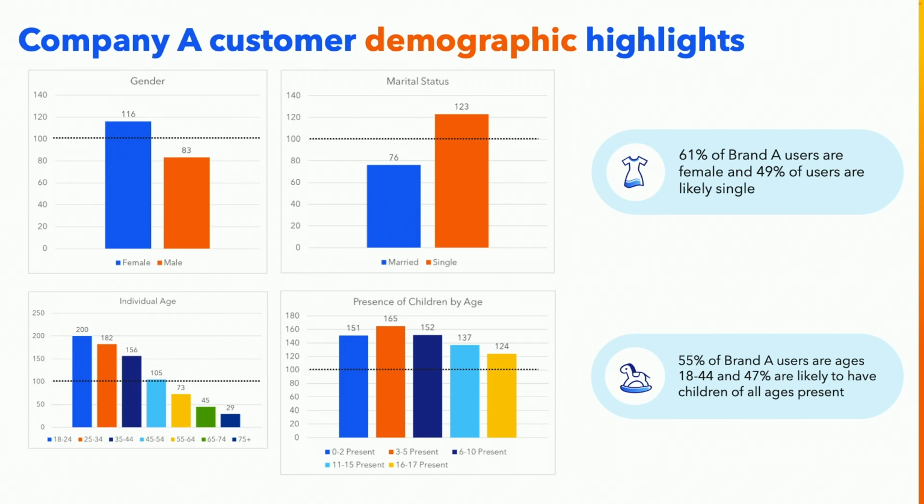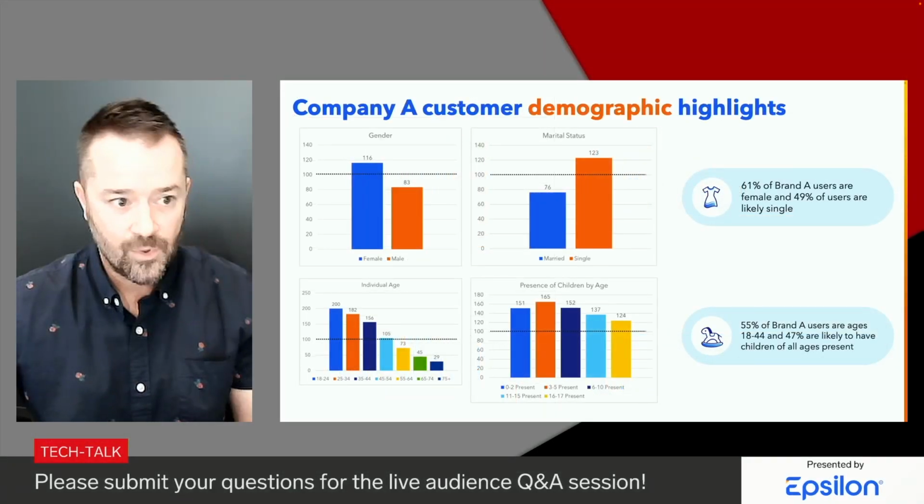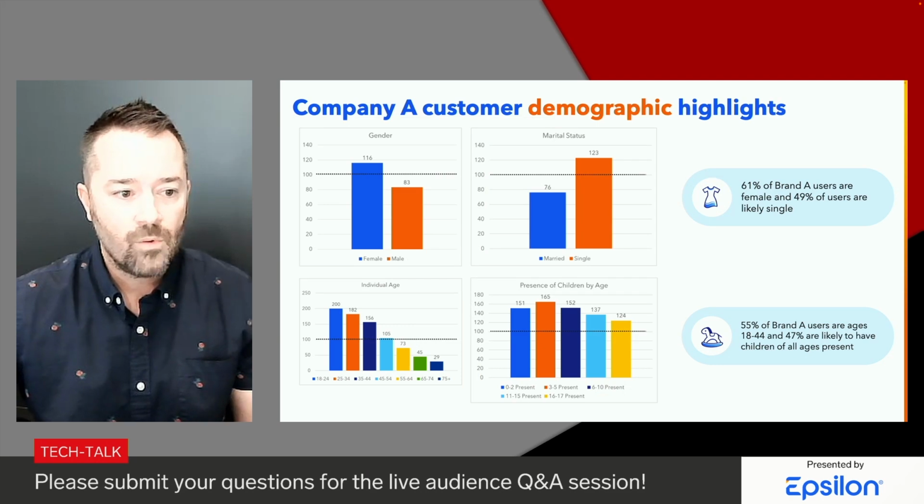And the index is a number that shows the likelihood of that record being that particular thing as it relates to the total marketable US population through the lens of Epsilon, with 100 index being dead average to the general U.S. consumer.